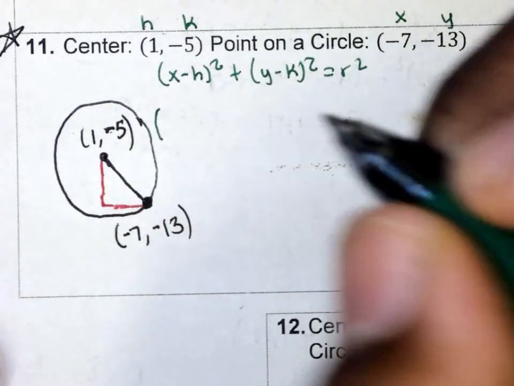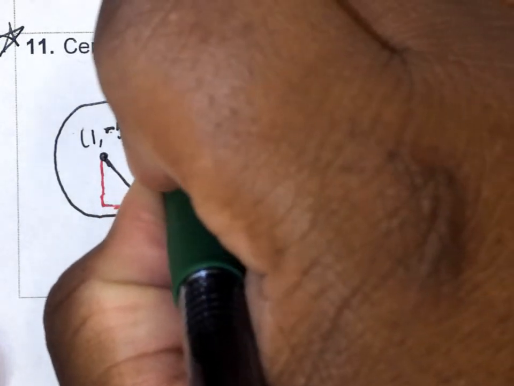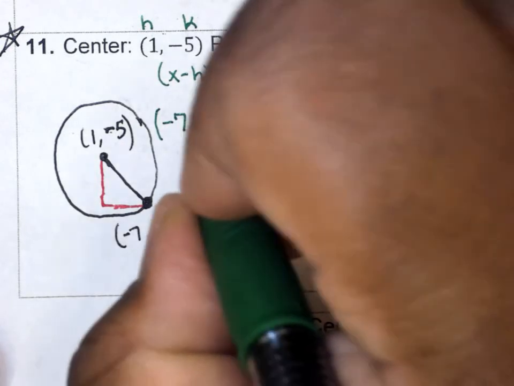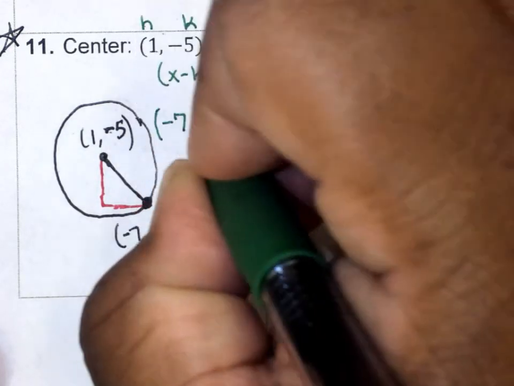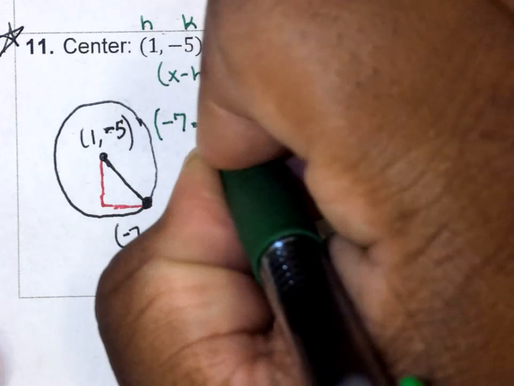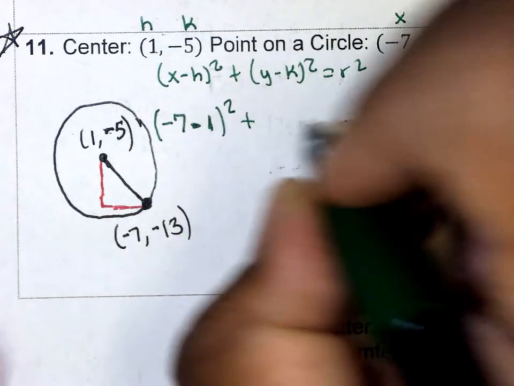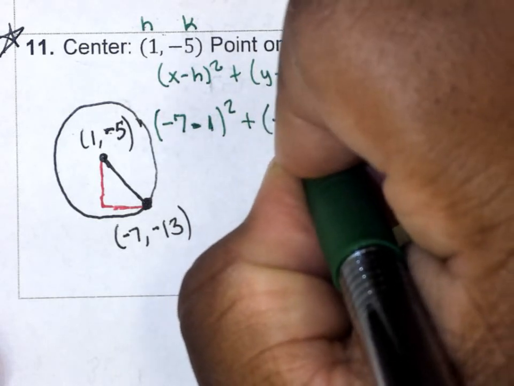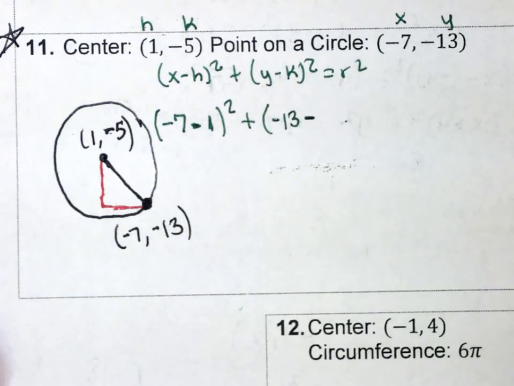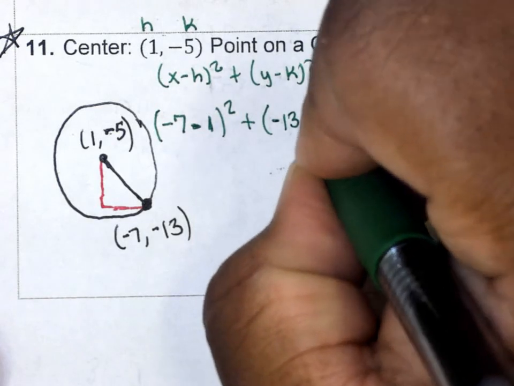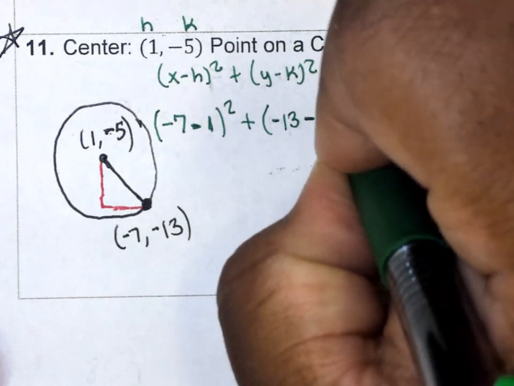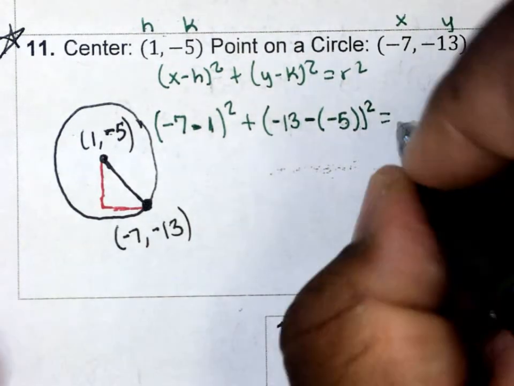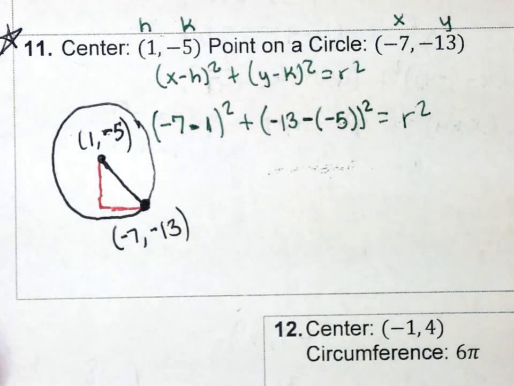So parentheses, start out, my x was -7, and then my h was 1, so -7 minus 1, squared, plus, and then my y was -13, and that's a minus sign that goes behind that, and then k is -5, so I need parentheses, -5, parentheses again, squared, equals r squared.